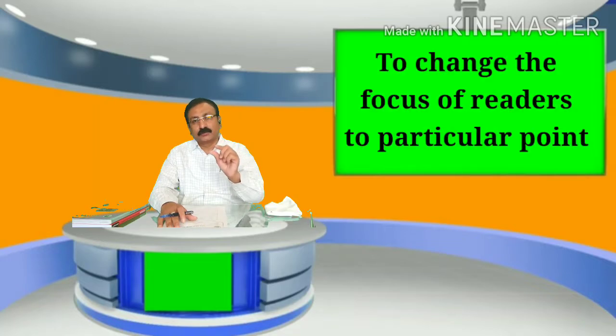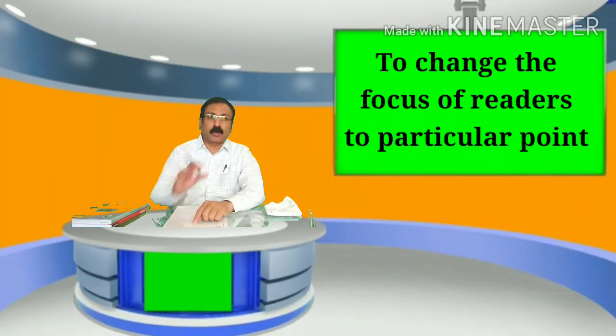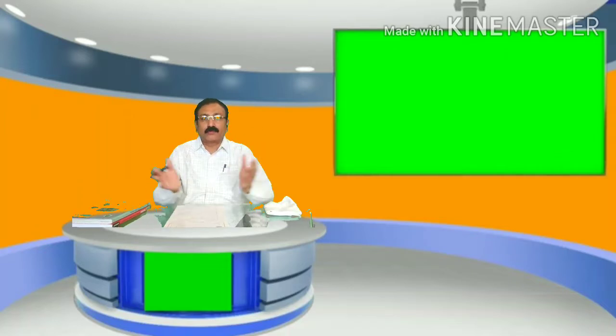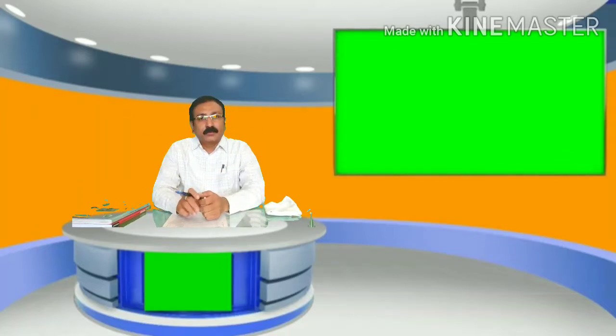The third reason may be that sometimes the writer or the poet wants to change the focus of the readers from one point to another point in the poetry or in the piece of literature, and therefore they make use of inversion in their writing.